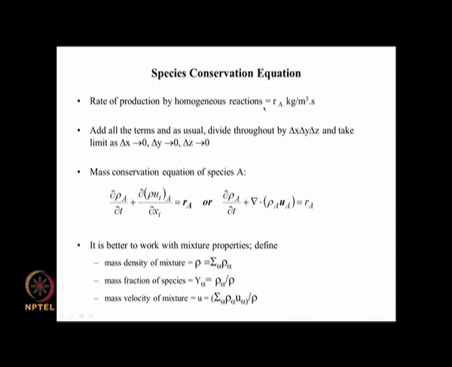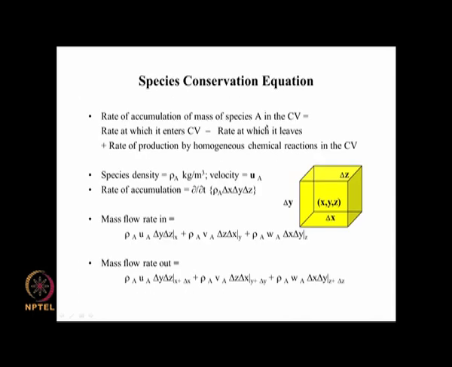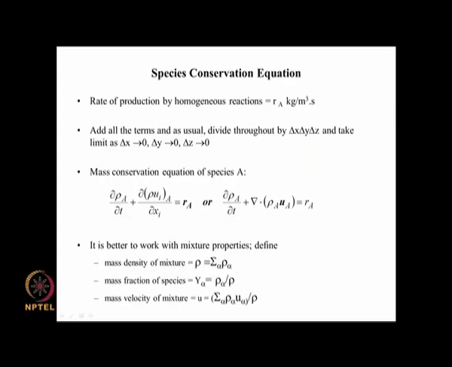So this is what will be coming out on this side here, because this is rate of production times the volume delta x delta y delta z, which gives the kilograms per second of production of species A in the entire control volume, and to that extent we put this as a volumetric source term here.